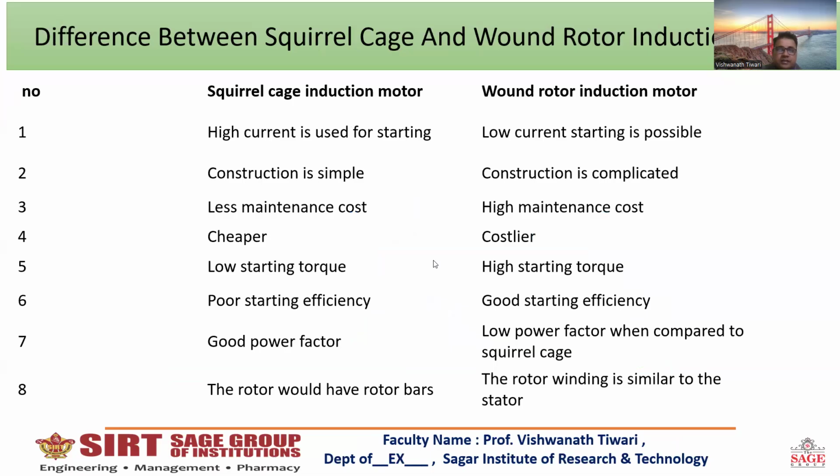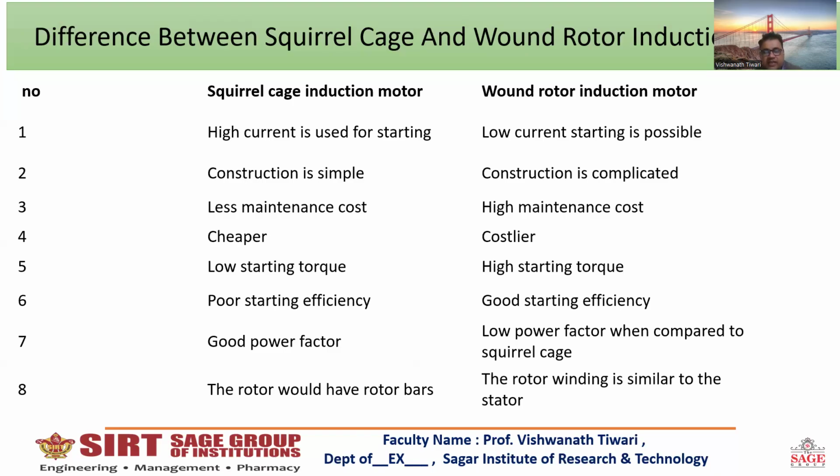Now the differences between squirrel cage induction motor and wound rotor induction motor. First point: high starting current is required for a squirrel cage induction motor, while a wound rotor motor requires low starting current. Second, construction: the squirrel cage induction motor has a simple construction, but the wound rotor induction motor has a complicated structure. Third, the squirrel cage induction motor requires less maintenance, and the wound rotor induction motor requires high maintenance.